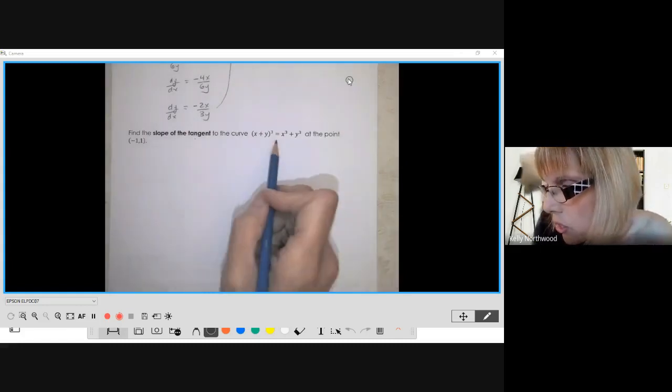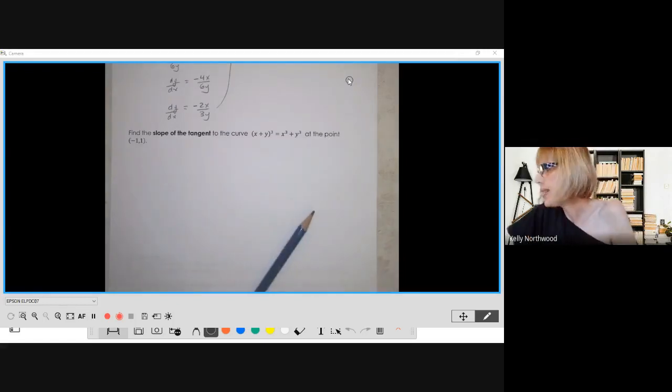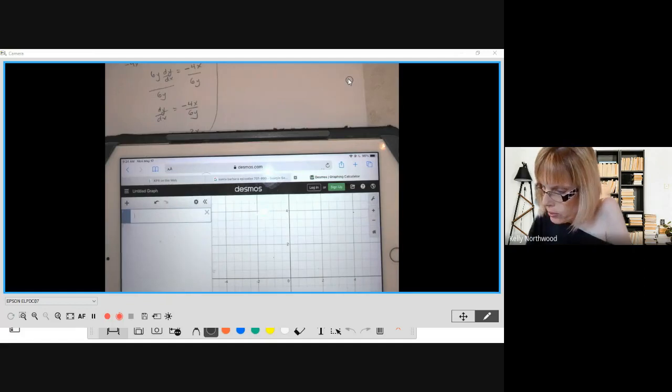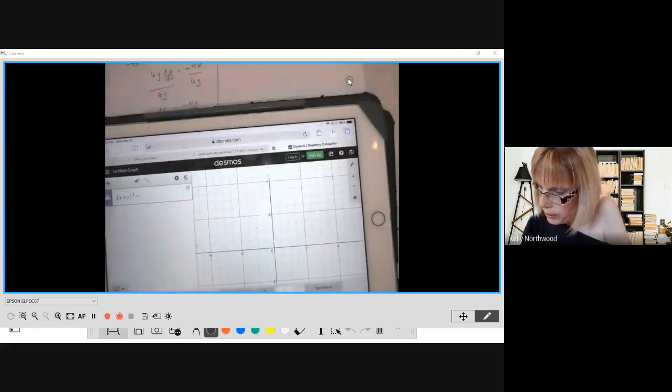We're still finding the slope of the tangent to a curve at a point. I can type this one into Desmos and see what it looks like. So x plus y cubed equals x cubed plus y cubed.